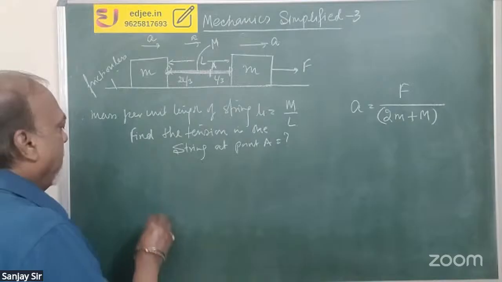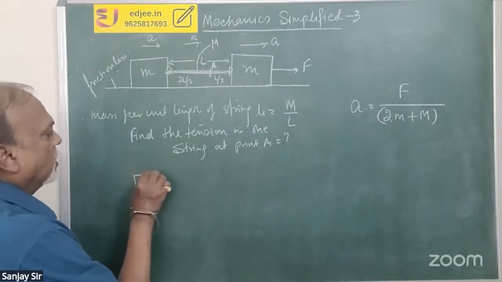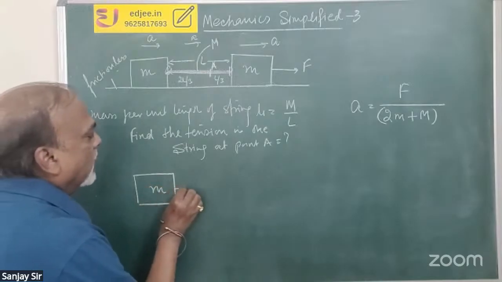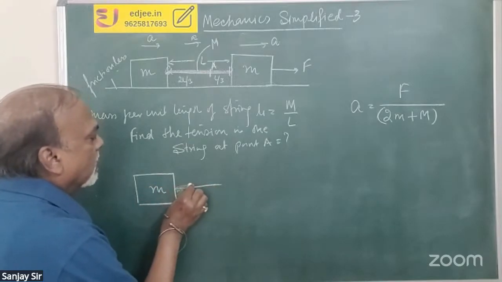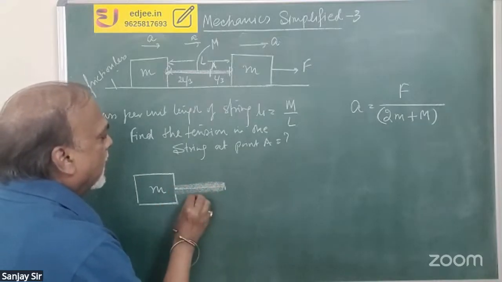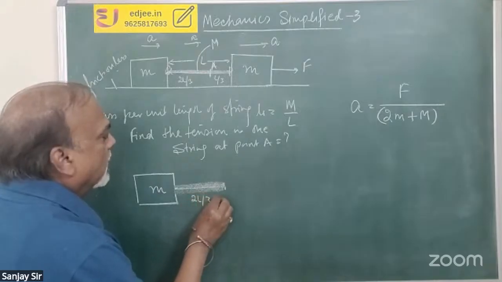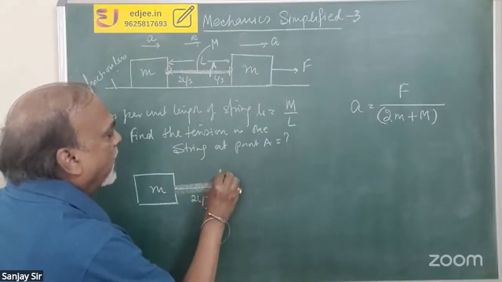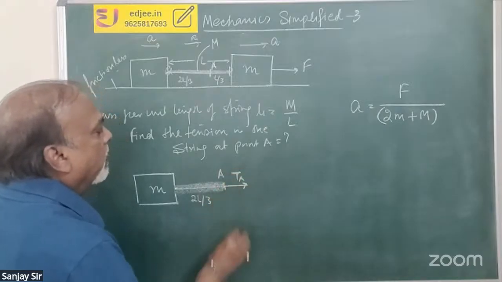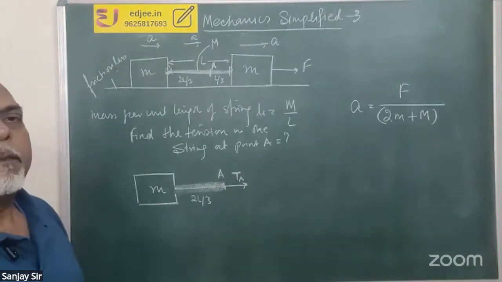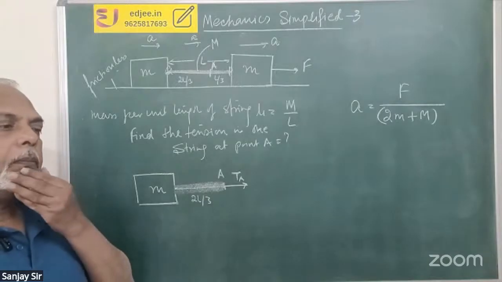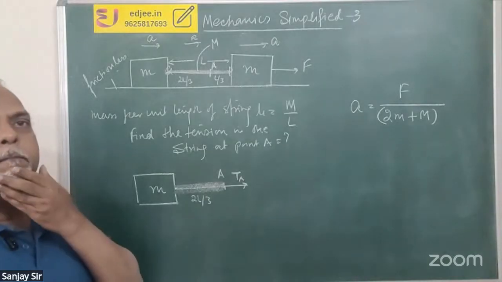So we can make a free body diagram. Suppose we make a free body diagram of this, and this is your string. This is 2L by 3, and we have to find out the tension at A. Correct?